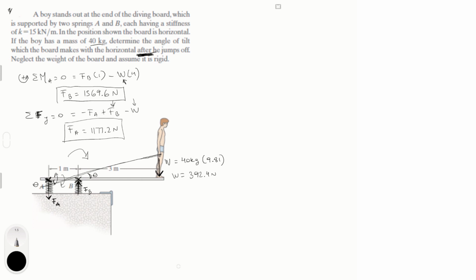So let me write it like this angle also. So I'm going to redraw the board over here. And we have the spring, and this was the original state of the board, right? And let me improve my drawing skills over here.